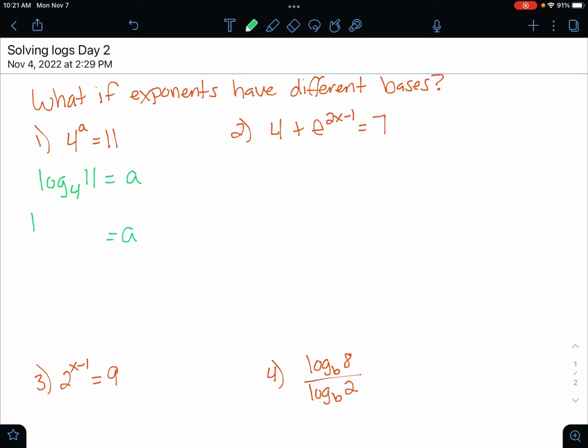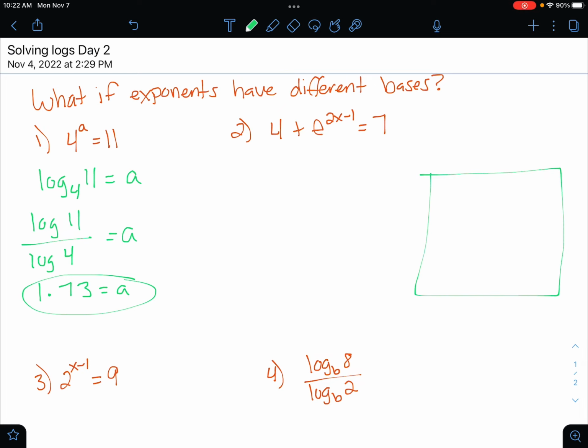Change of base law says you do log of the number over log of the base. That you can plug in. So log of 11, close your parentheses, divided by log of 4, close your parentheses, hit enter, and you get 1.73.